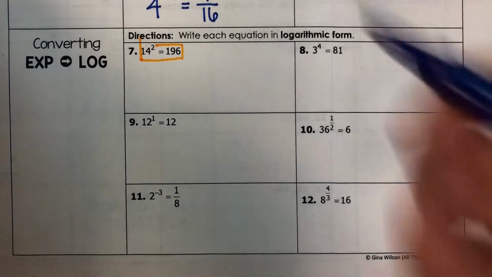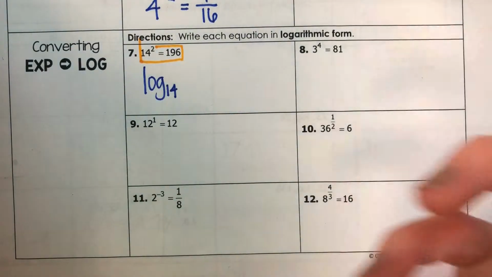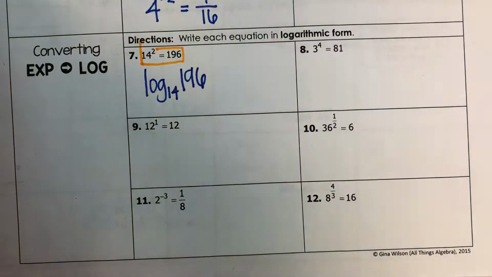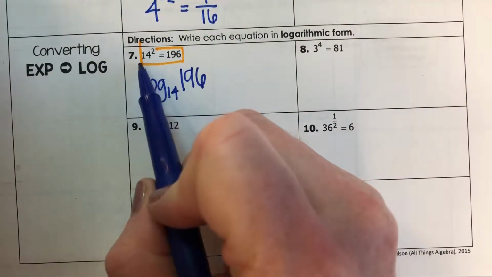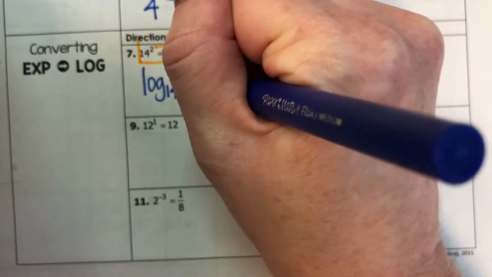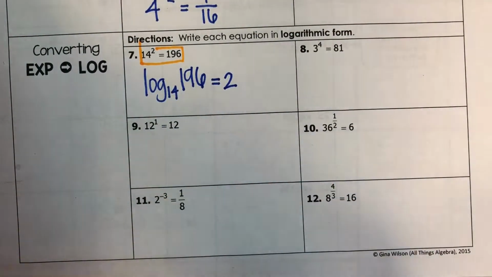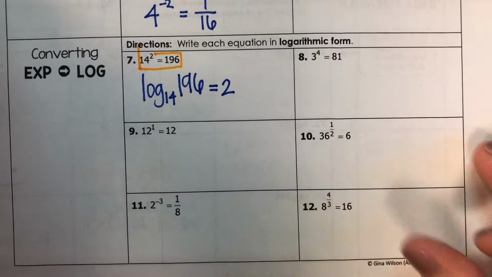So this will be written log base 14 of 196, because 14 is the first number that I touch. I go from 14 to 196, and then I end at 2. Log base 14 of 196 equals 2.